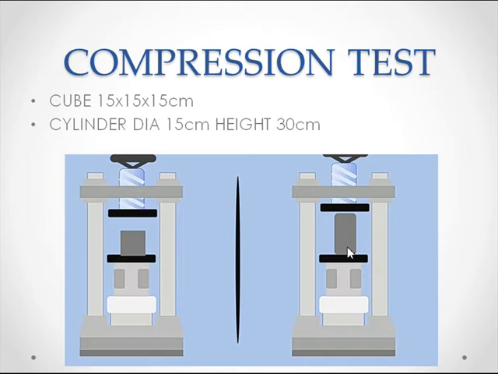We have to level the top surface and it has to be left for 24 hours. After 24 hours, we have to remove the mold and place the concrete sample in the water bath for curing. The curing temperature should be 27 plus or minus 2 degrees.